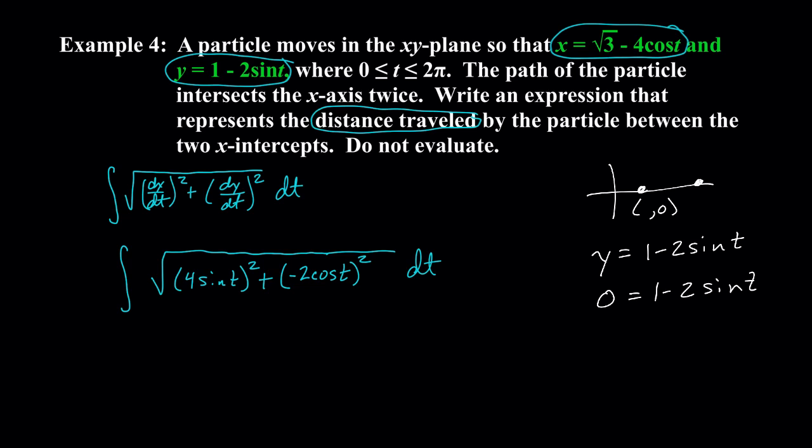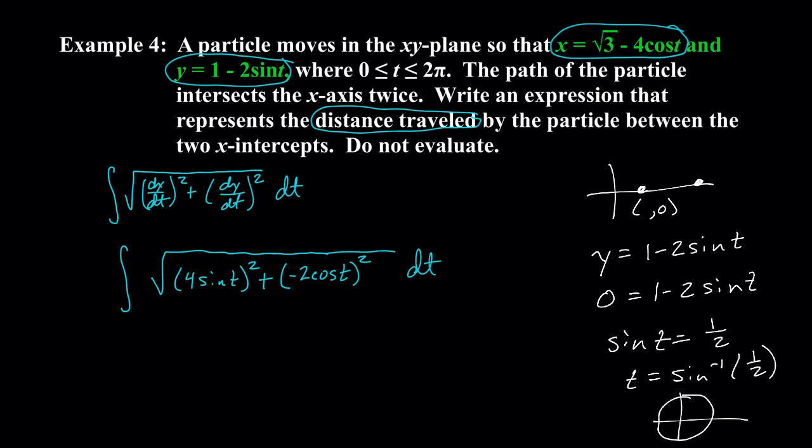All right, so we're going to subtract 1 and divide by negative 2. That's going to give you sine of t is equal to 1/2, which means t is equal to sine inverse of 1/2. In other words, this is going to be asking at what angle on your unit circle is your y value 1/2?